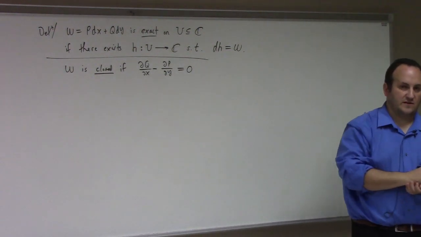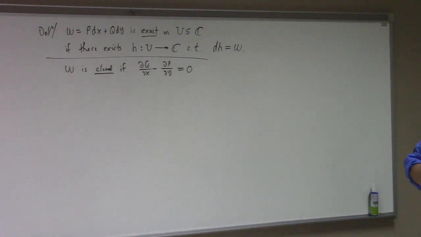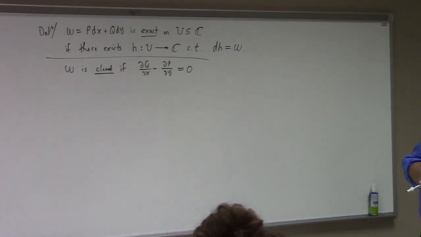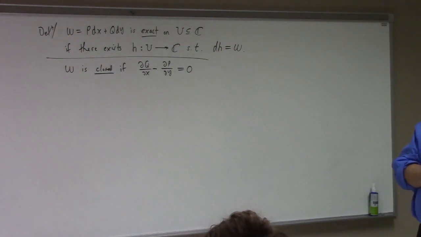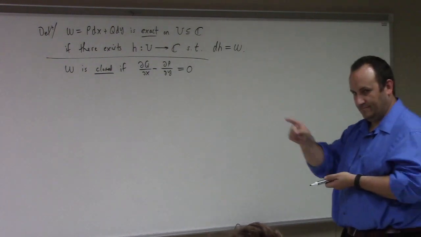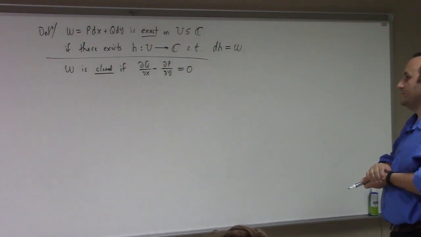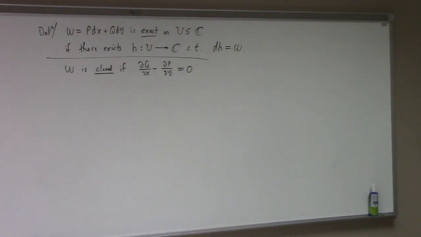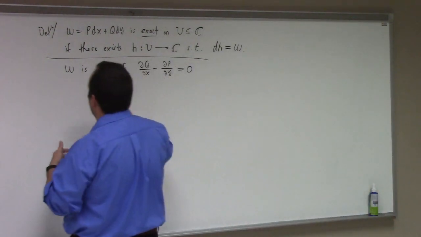This is the closed condition. All right? You could guess why I wrote it the way I did rather than equality. All right? So this is exact, this is closed.